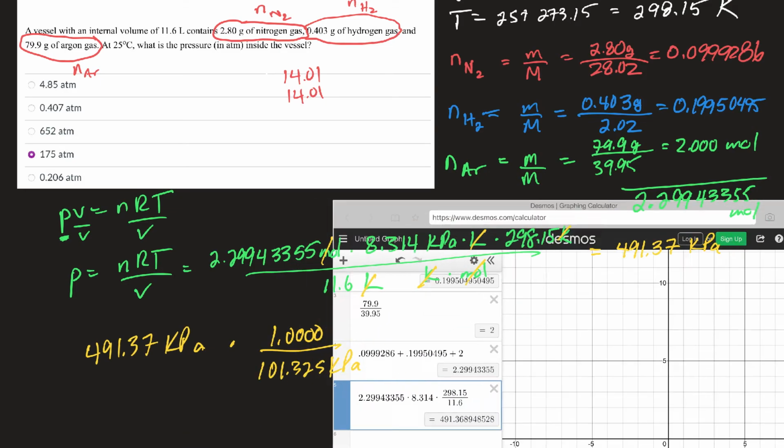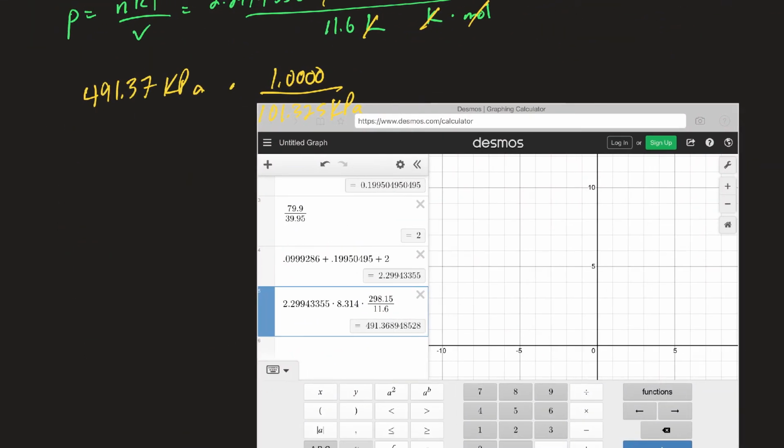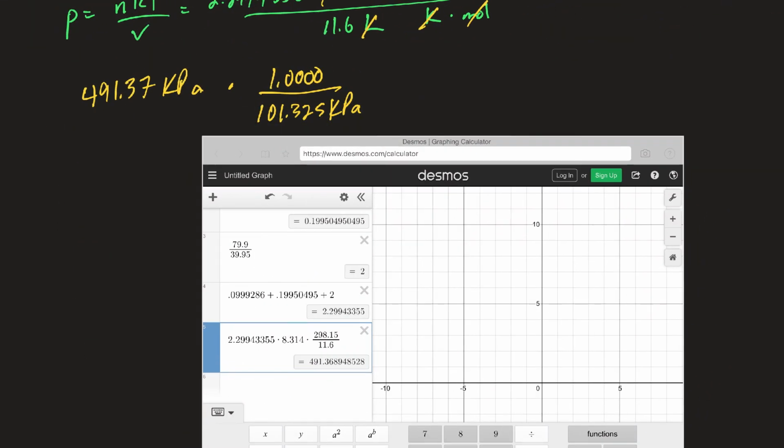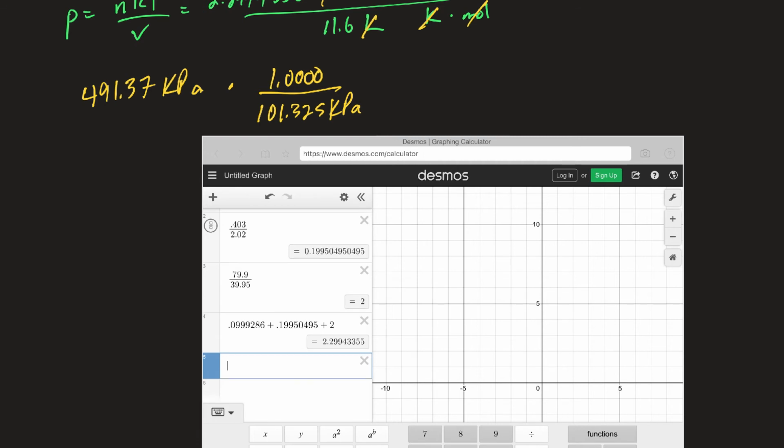So I just have to take that answer and divide it by 101.325.